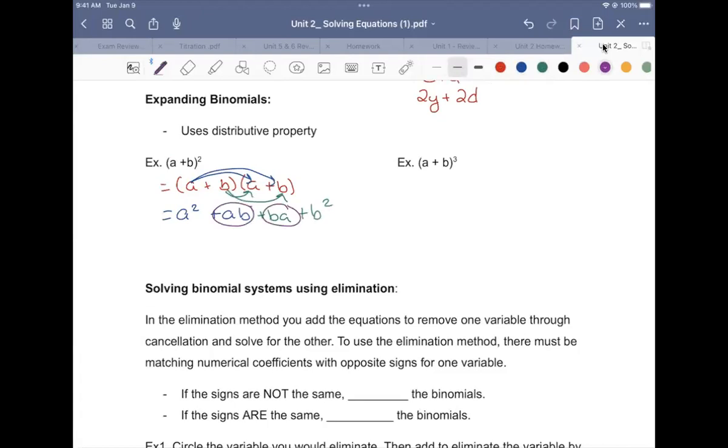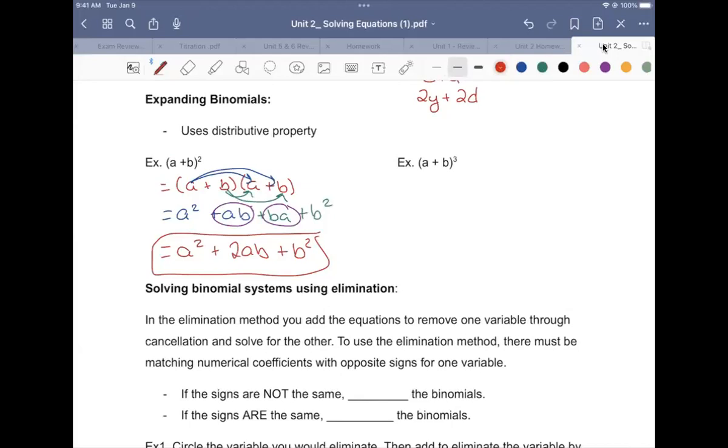These are like terms, so I'm going to collect them, and I will get a squared plus 2ab plus b squared.